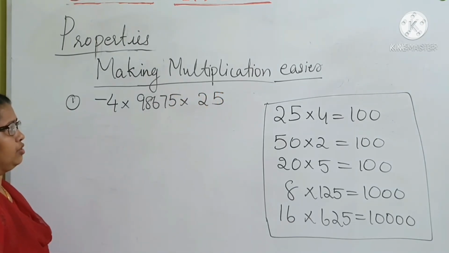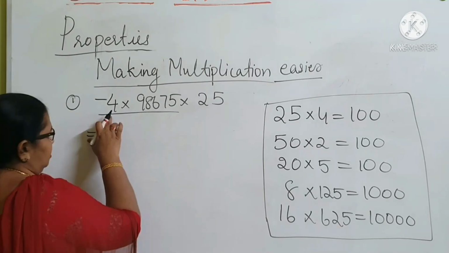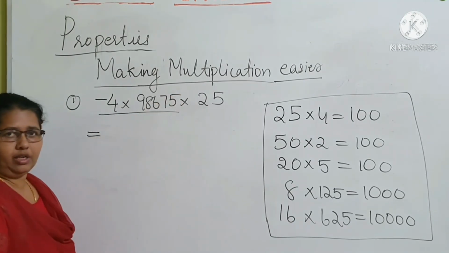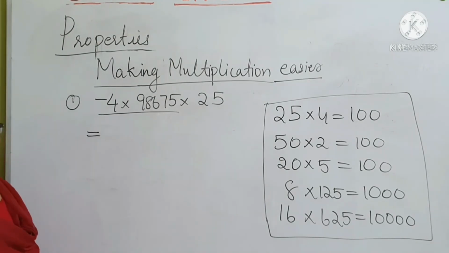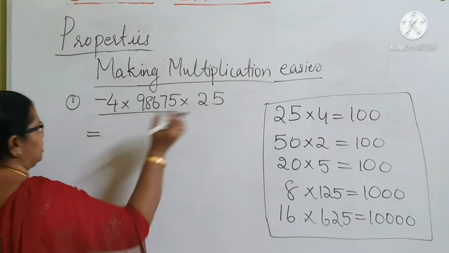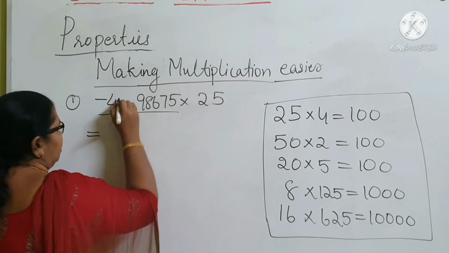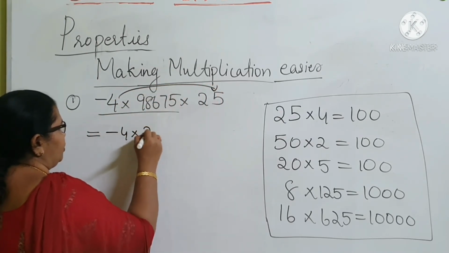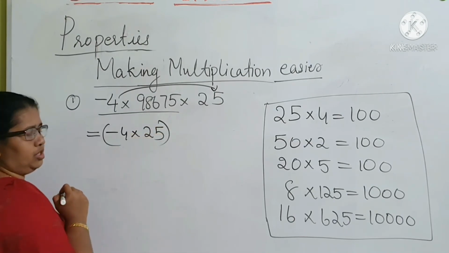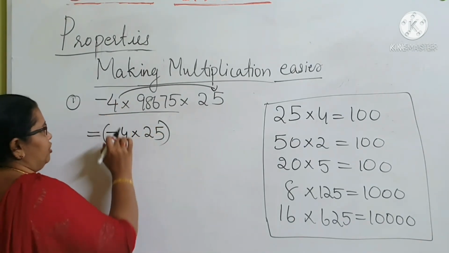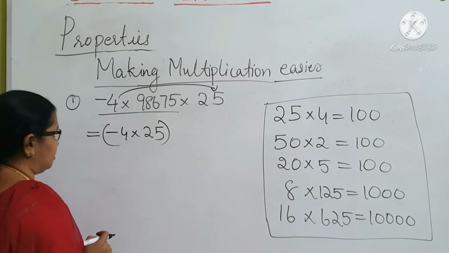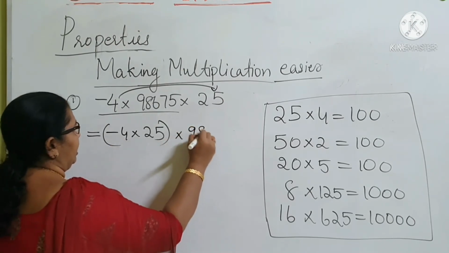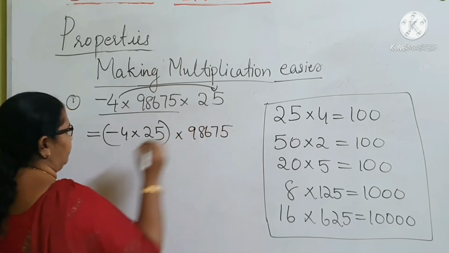Negative 4 into 98,675 into 25. We can multiply these two first and then multiply by 25, like that we can do in ordinary multiplication. We can find the product of these three integers very easily. That is, combine these two, minus 4 into 25, using associative property. Minus 4 into 25 into 98,675.